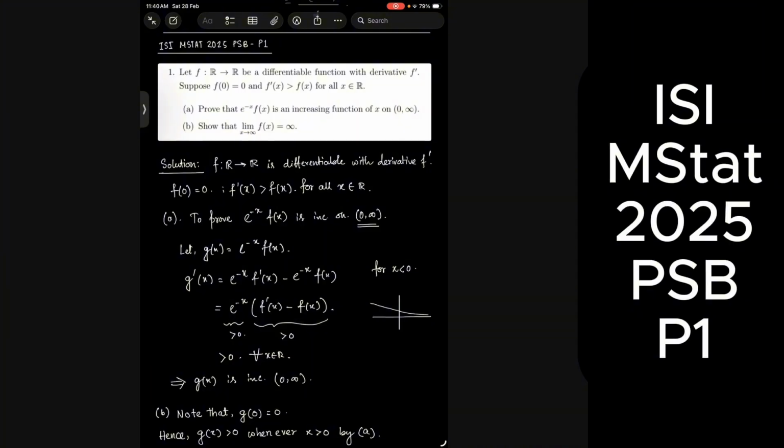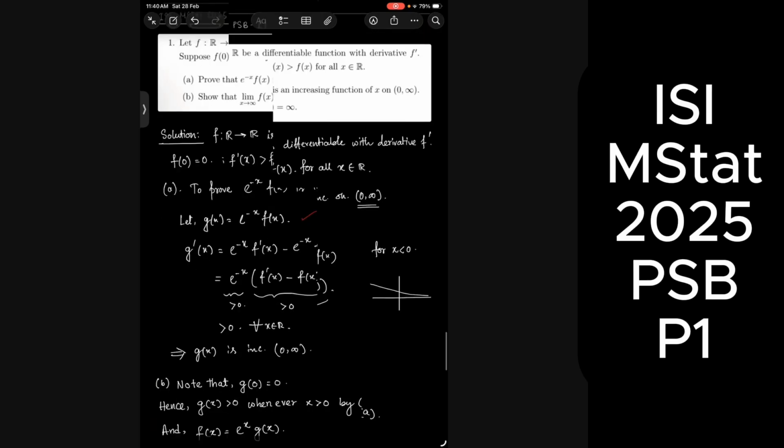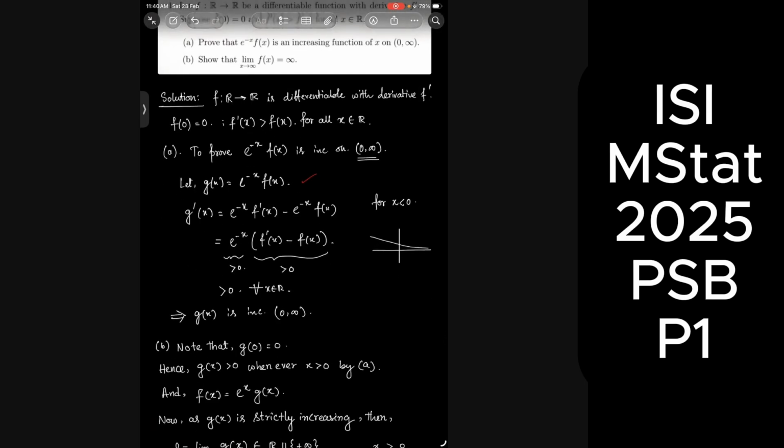Here we have taken the function e to the power minus x into f x as g x. Then we have taken the derivative g dash x, and as you can see, f dash x is always greater than f x, which is given. Basis this, and since e to the power minus x is always greater than 0, we have commented that g x is increasing.